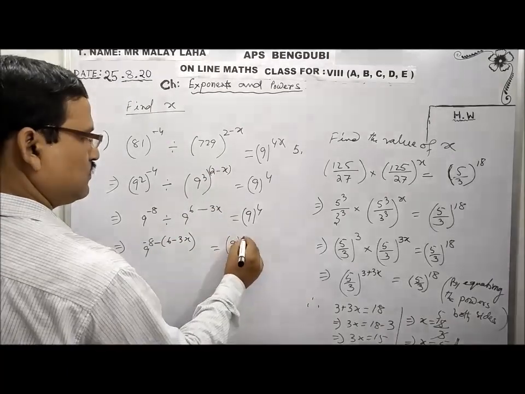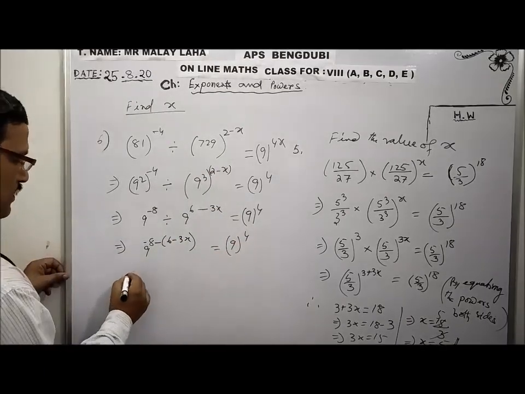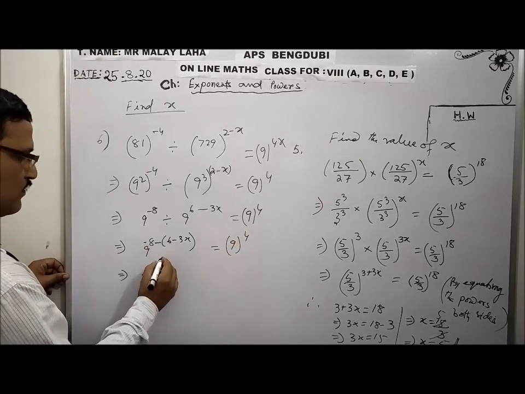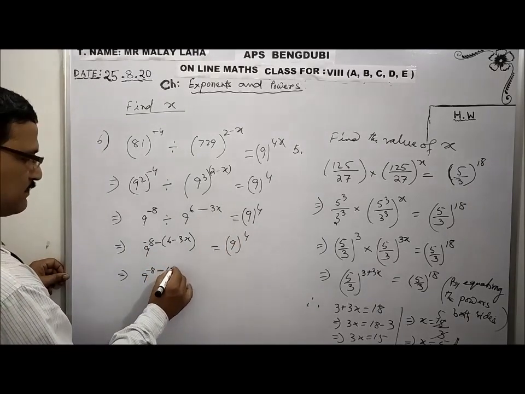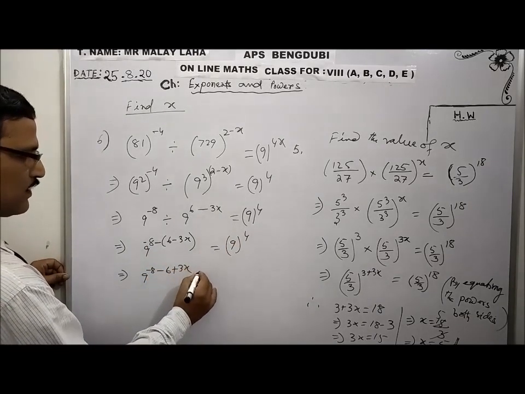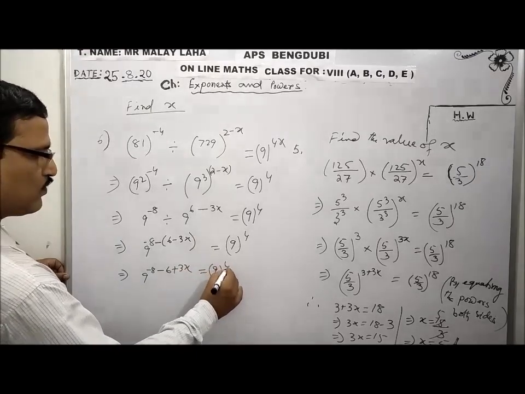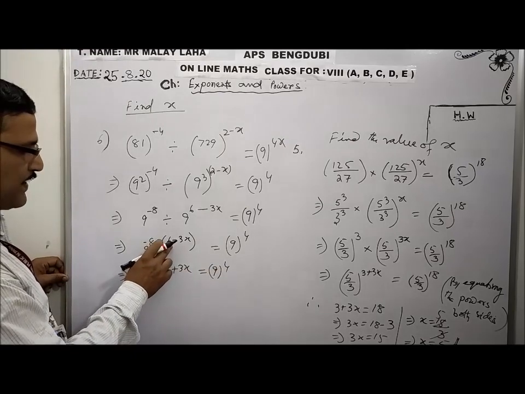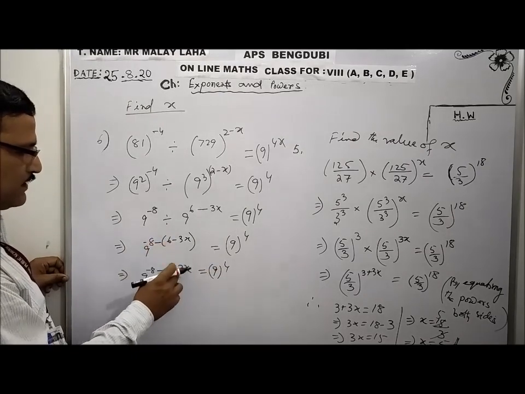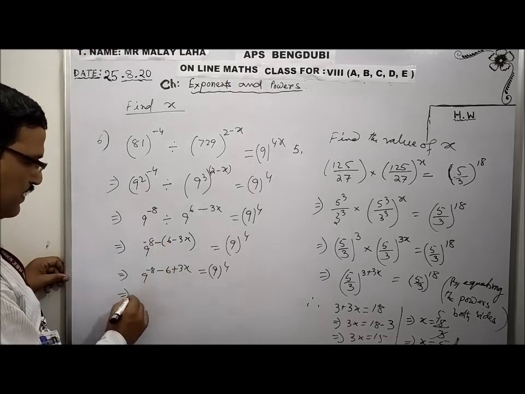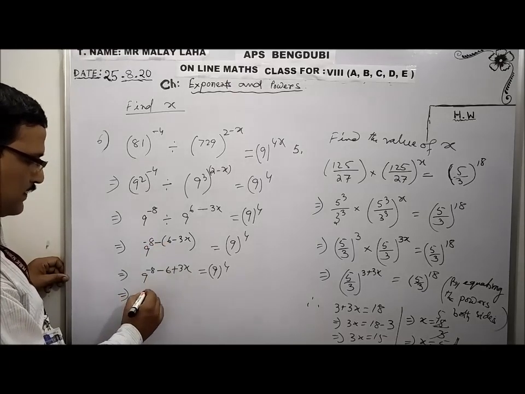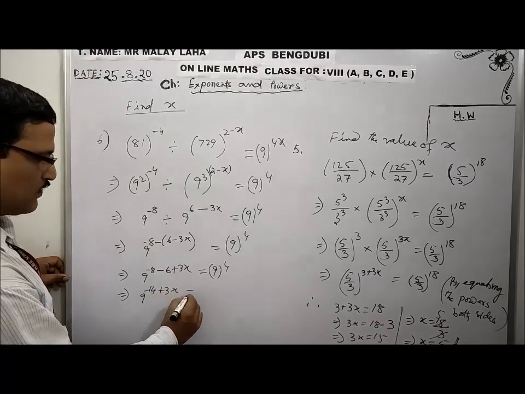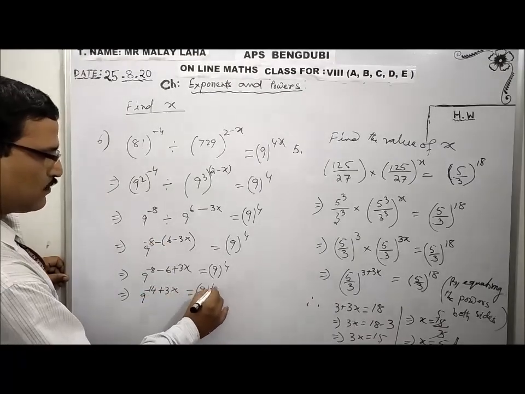So 9 raised to 4. Okay. So what is coming? 9 raised to minus 8, bracket close, minus 6 plus 3x equals to 9 raised to 4. Have you understood this calculation? Minus sign is there. When you remove the bracket, this is minus 6 and plus 3x. So what is coming? 9 raised to minus 14 plus 3x equals to 9 raised to 4.